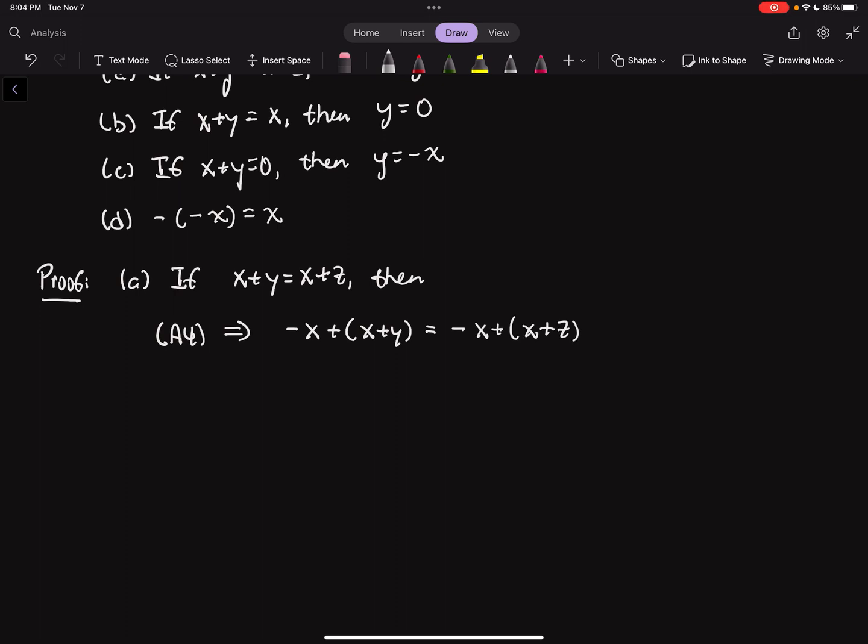Okay, and what we really want to do is just cancel out these x's, right? But we're kind of going under the hood a little bit and explaining why we can do that. So we've added negative x to both sides. And what we want to do now is rearrange these parentheses. And we can do that because of A2, associativity.